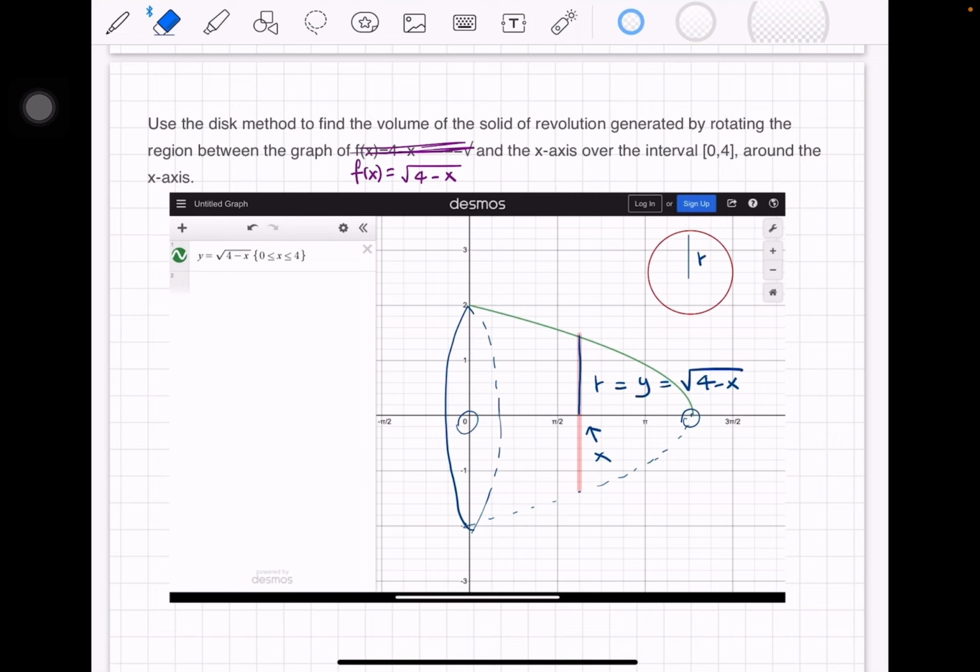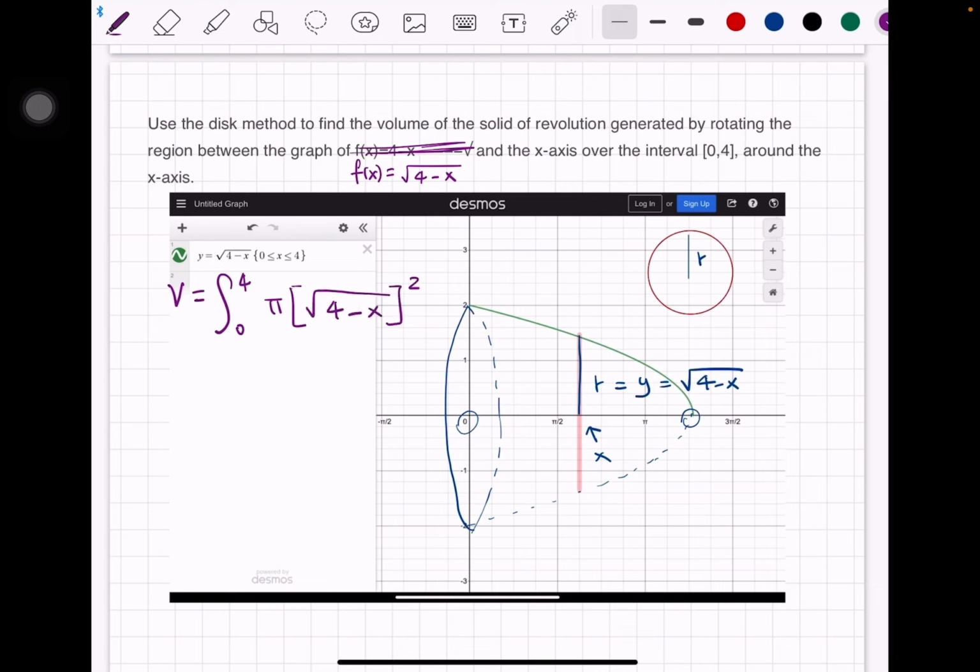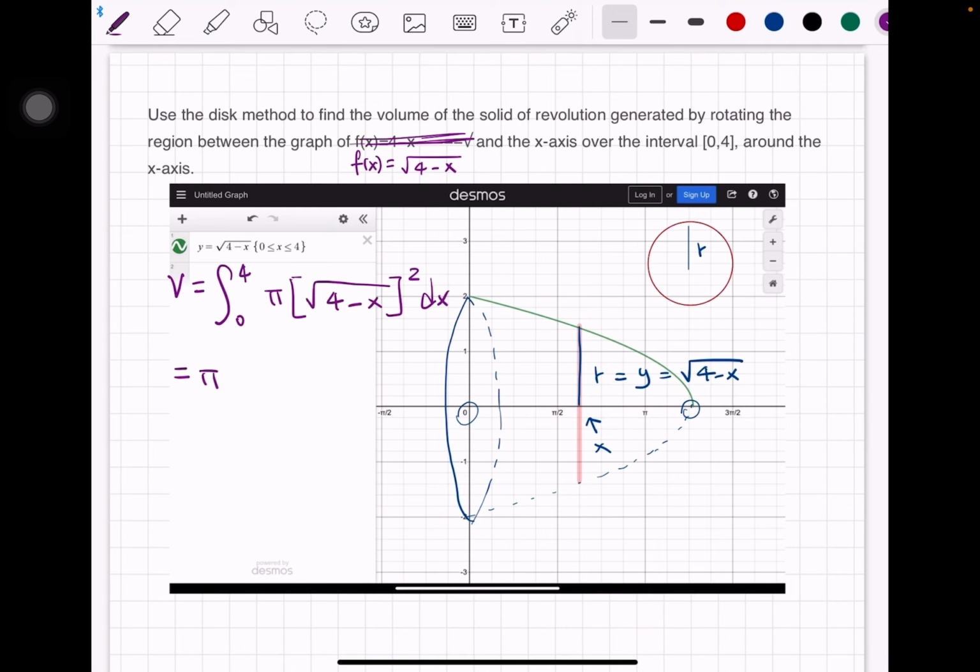So now we're going to find the volume from 0 to 4. That's the integral from 0 to 4 of pi r squared, pi times the quantity square root of 4 minus x, squared, dx. Now we can integrate it.